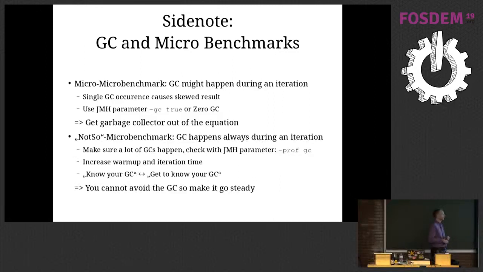And you better know what your garbage collector is doing, by monitoring what the garbage collector is doing and how much memory your JVM is using. You get to know what your garbage collector is doing a lot more. So if you cannot avoid the garbage collection, you want to make it go steady during the iteration.